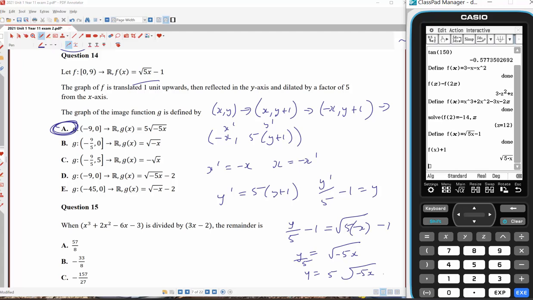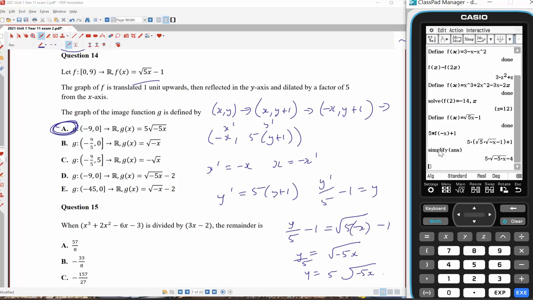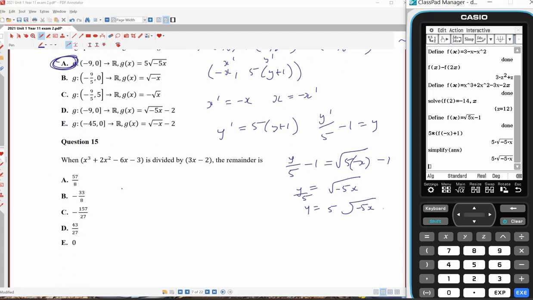Reflected in the y-axis. Okay, so we reflect in the y-axis, we drop in negative x, so that would be that. And dilated by a factor of 5 from the x-axis means we'll do 5 times that. So 5 lots of that. Simplify that down. Ooh, what's happened there? Ah, that's naughty. Brackets, Mr. Miller, brackets. Okay, so 5 lots of all of that stuff happening. So there it is there. So that's how I'd bang that out quickly on the calculator.